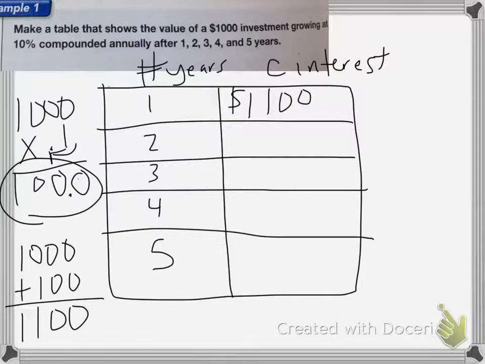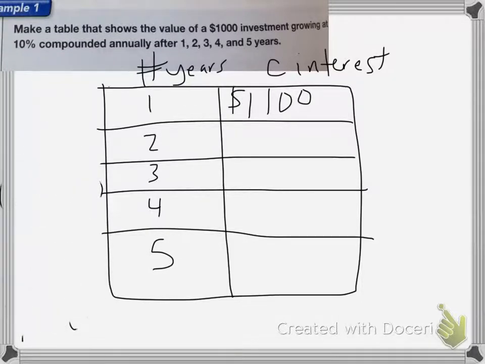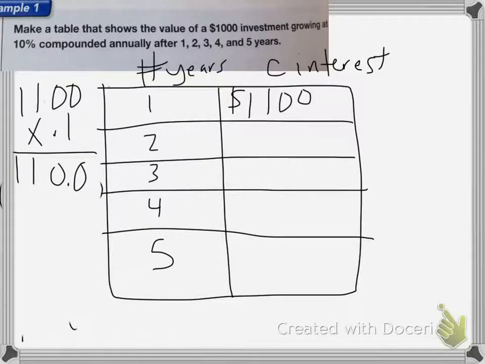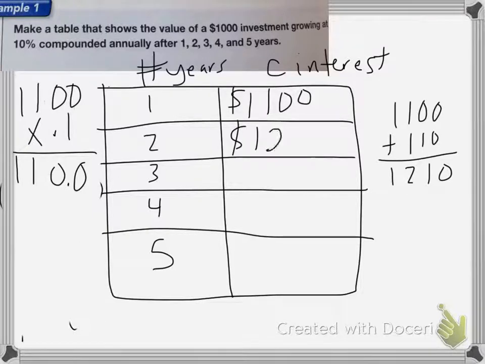Okay, so we do that again for the second year. We have 1,100, and we're going to multiply that by 10%. So we end up with $110, which we add to our original $1,100. $1,100 plus $110 is going to equal $1,210.